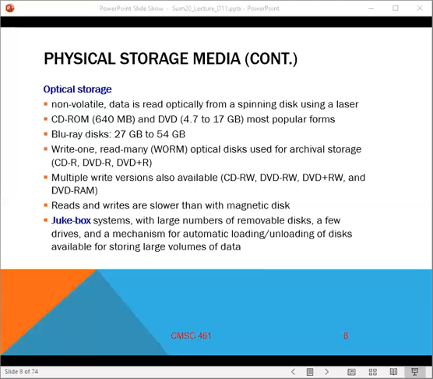So two fundamental parameters are the size of the CD itself and the sampling frequency. The disk's diameter is 12 centimeters, and the sampling frequency is 44 kilohertz. And this is a standard.